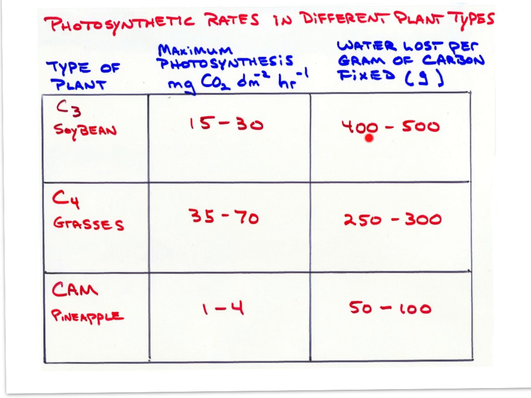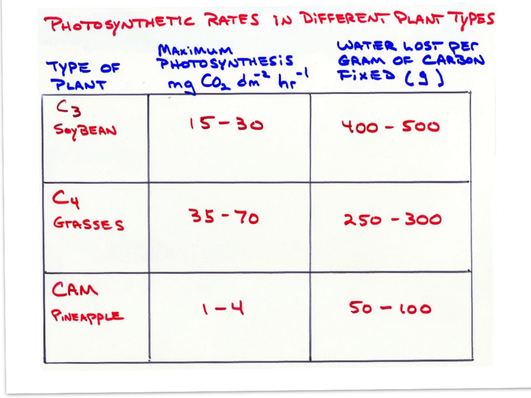Stomata are wide open to compensate for Rubisco's inability to distinguish carbon dioxide and oxygen. C3 plants do best in wet environments where transpirational water loss is not a problem. CAM plants, with their stomata closed during the day, have the lowest water loss. This is perfect in dry environments.